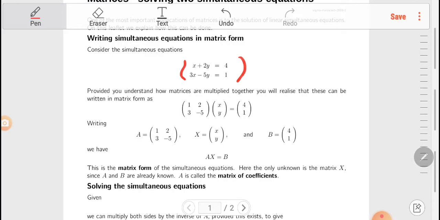But today we're going to use the inverse matrix to determine the system solution.